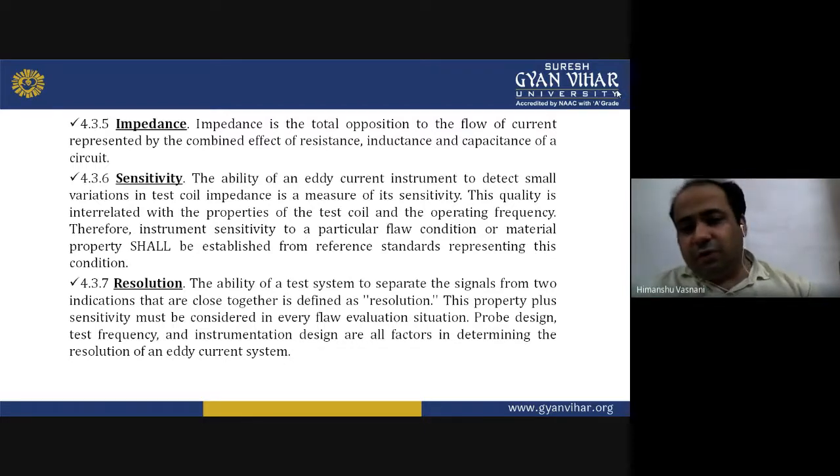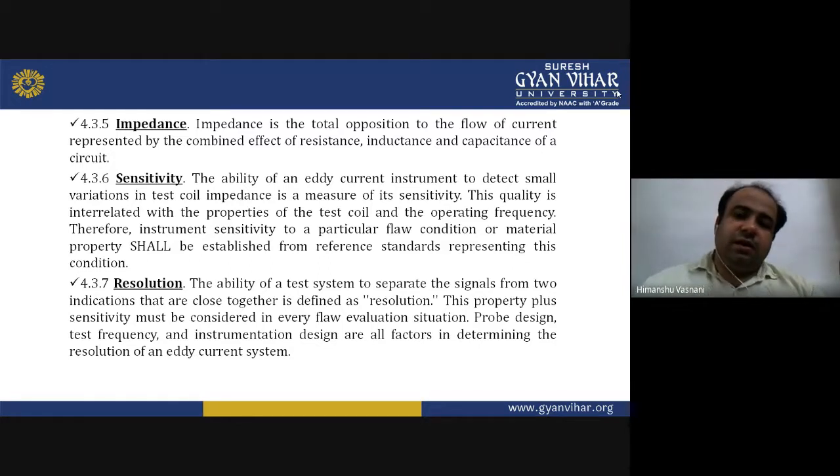Resolution is really important because it gives you the ability to separate the signals from two indications that are close together.